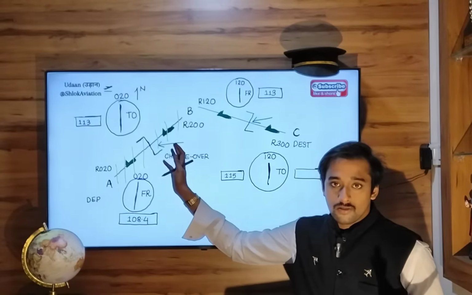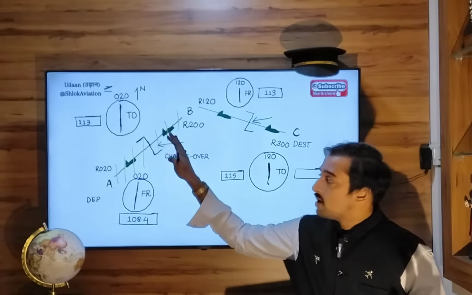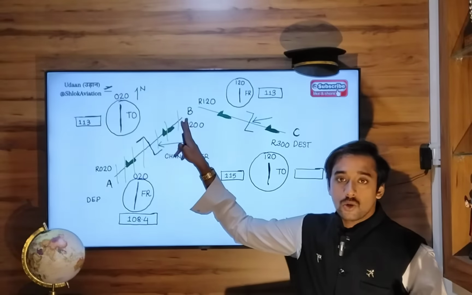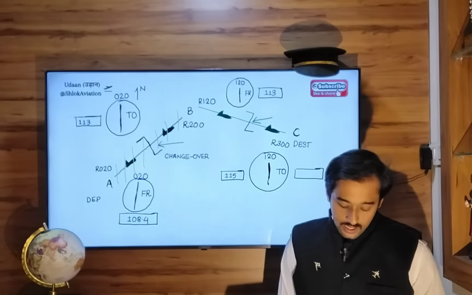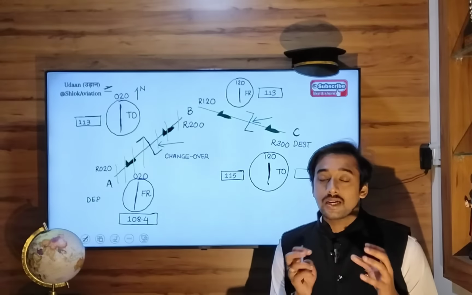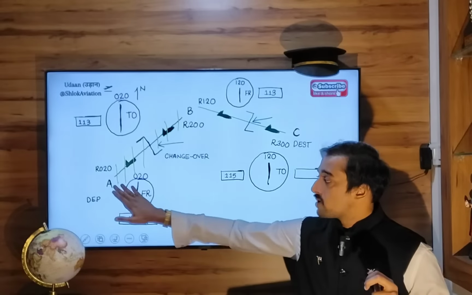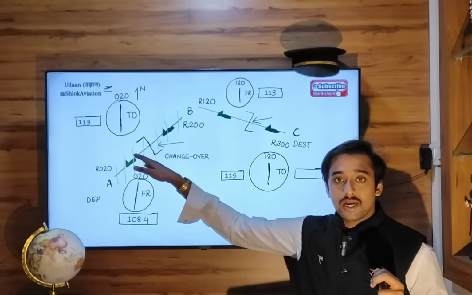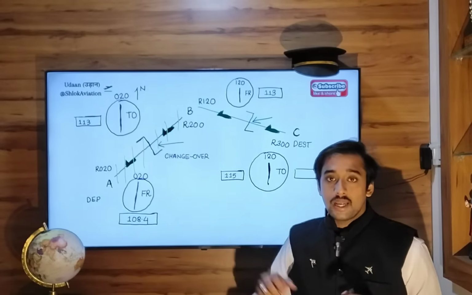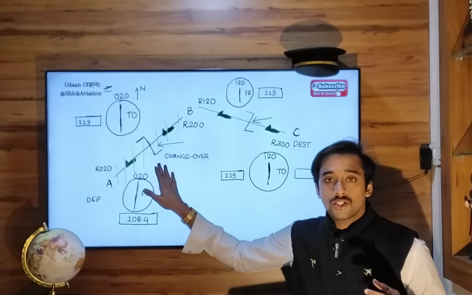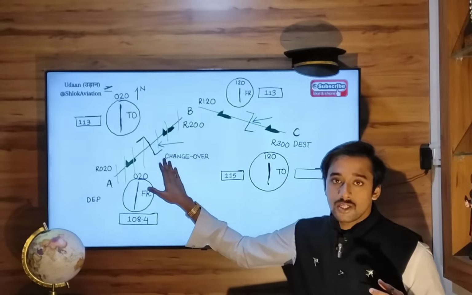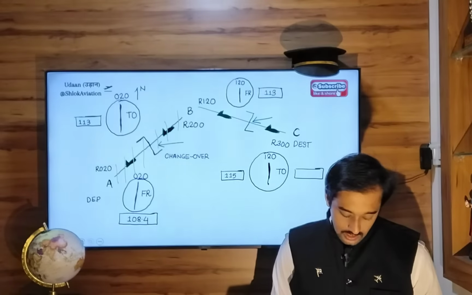In simple words, you have to transition to VOR-B frequencies. There is interference from two transmitters simultaneously, that is from VOR-A and VOR-B. So in order to avoid that, follow the changeover point procedure, that is, change your frequencies.